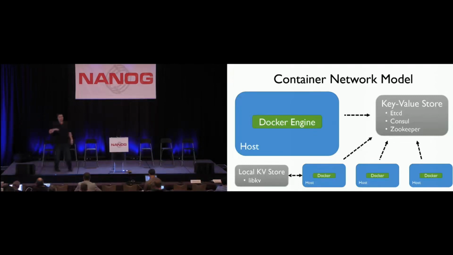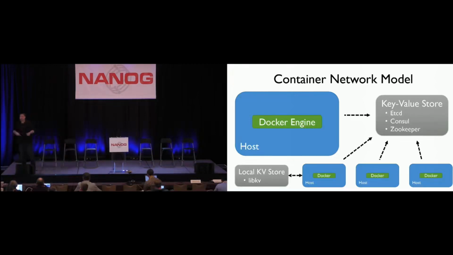So the key value store has the information, number one, about the containers on the network. Number two, it has information about the networks. So if at any point in time you sit on a Docker node that's part of that cluster that communicates to the key value store, when you do docker network inspect, it will show you all the network definitions that are in the key value store, whether it's etcd, Consul or Zookeeper.